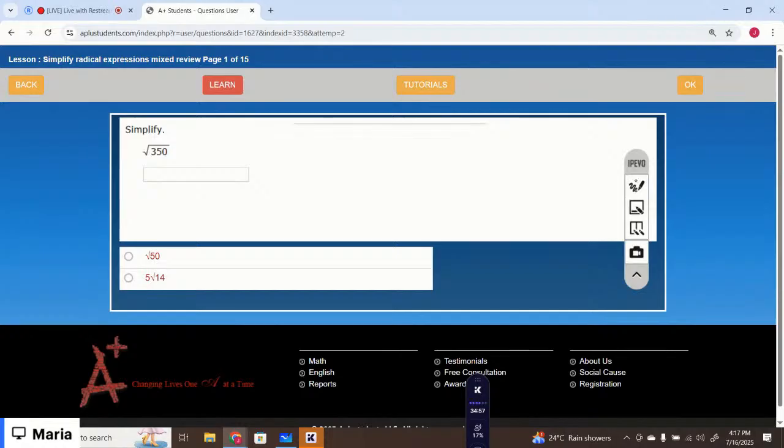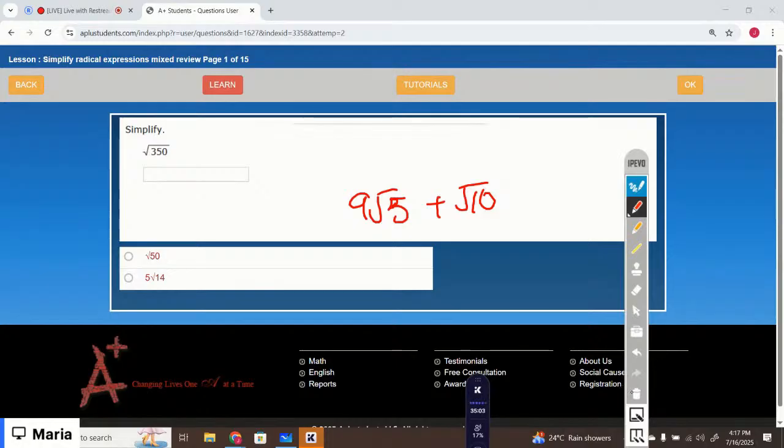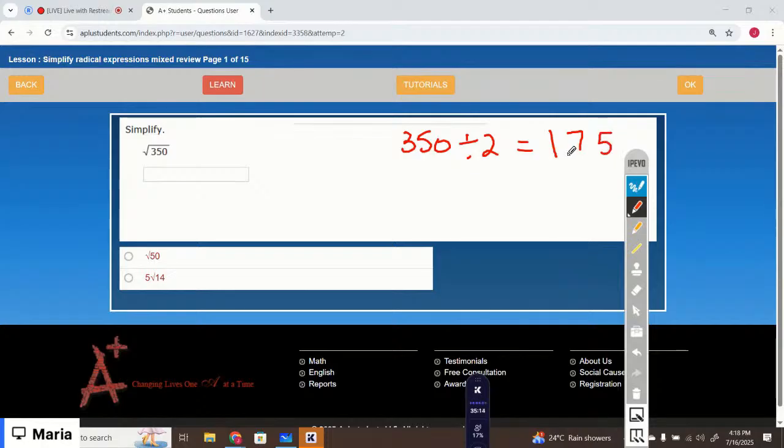Let's write down the prime factors of 350. 350 divided by 2 is 175. 175 cannot be divided by 2, so we have to divide it by 5. That is 35. And then 35 divided by 7 is 5. And then 5 divided by 5 is 1. So we need to keep dividing until we reach 1.